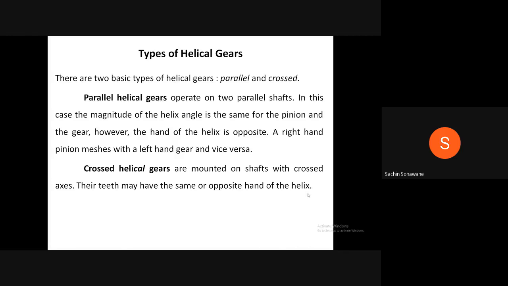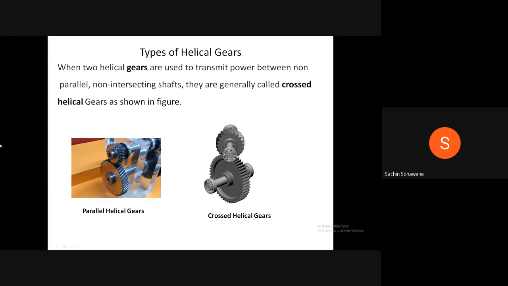Now we will see the diagram of parallel helical gears and crossed helical gears. This is the parallel helical gears. Parallel helical gears means when helical gears are used to transmit motion and power between two parallel shafts, then it is known as parallel helical gear. Now this is crossed helical gear. In case of crossed helical gear, shafts are neither intersecting nor parallel.